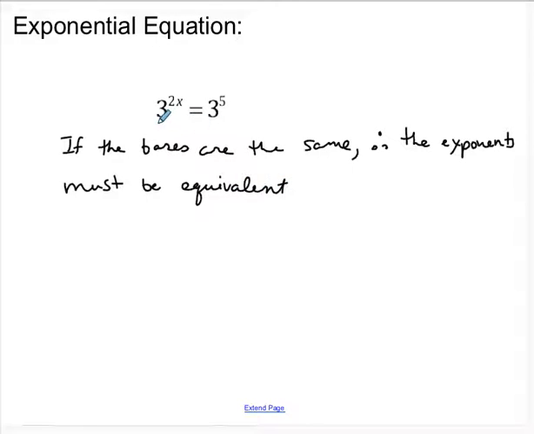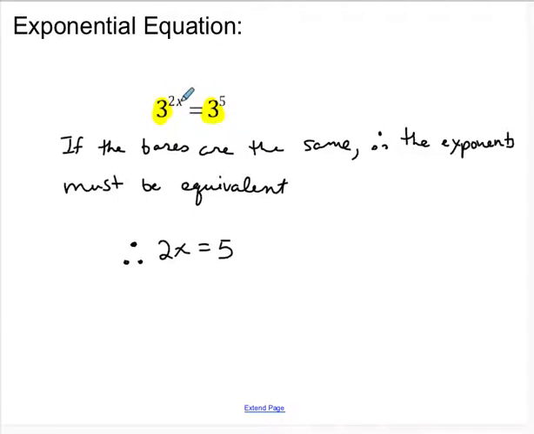Okay, so here, since the base 3 and the base 3 are the same, I can write a therefore statement. I can notice that therefore this exponent here, 2x, must be the same thing as 5, because there's only one exponent that could give me 3 to the 5th power.